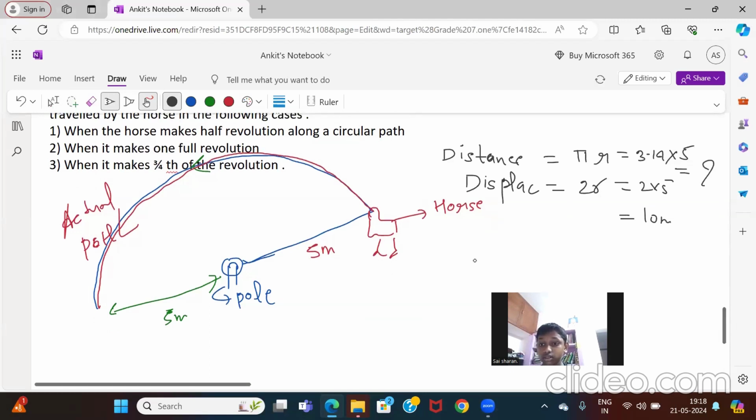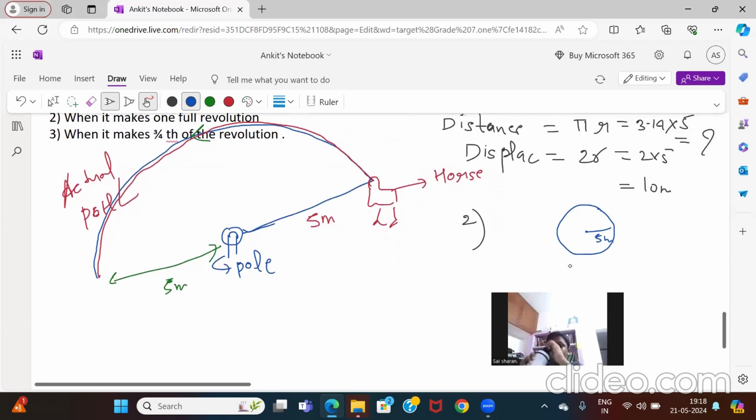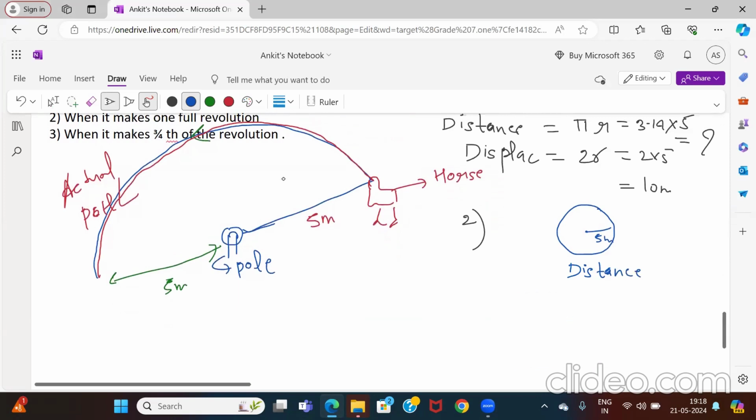Now, next part they are asking when it makes one full revolution like this. Then r is 5. What is distance? Distance means length of actual path. The horse started from here, goes like this and comes back to the same location.